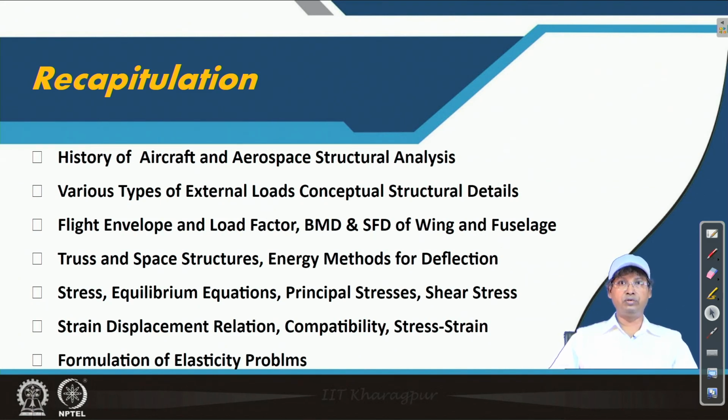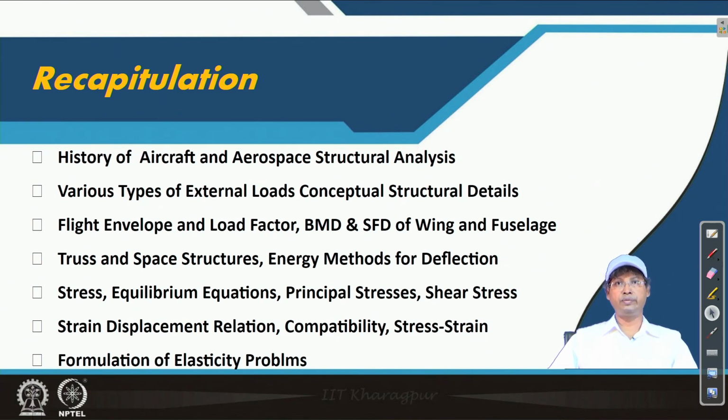We have seen how they look, then what load types may be encountered while the aircraft is on the ground or airborne, and what the concept of the flight envelope is. We saw how inertia plays a huge role in aircraft structures, how the load factor takes care of that, and fixes a regime of design for different types of aircraft.